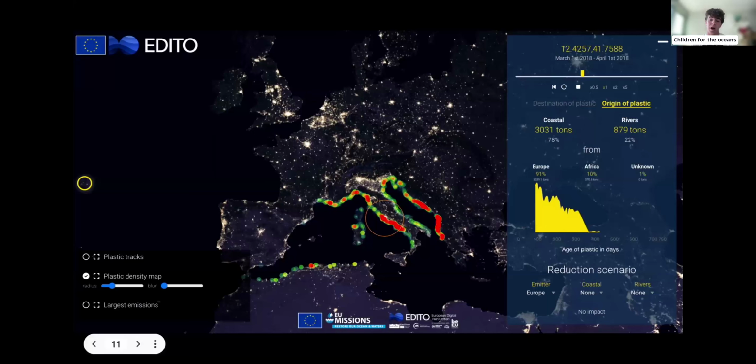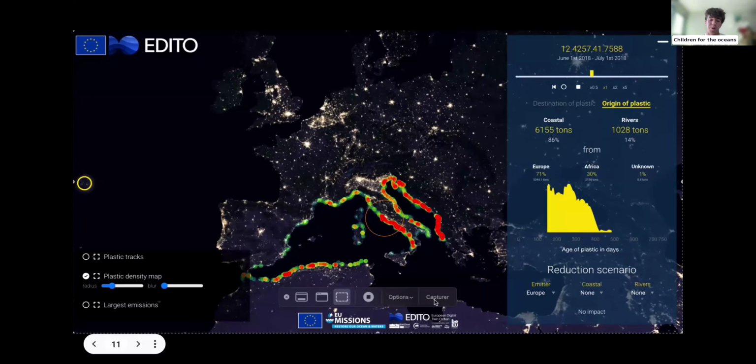And here we learned that, for example, 879 tons of plastic in 2018, from April 1st to May 1st, came from rivers. This is really essential for understanding where the plastic comes from, and how it is not only beach pollution, but city pollution.